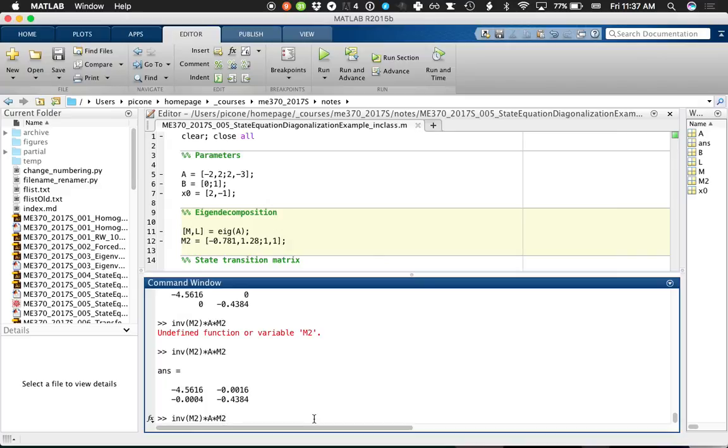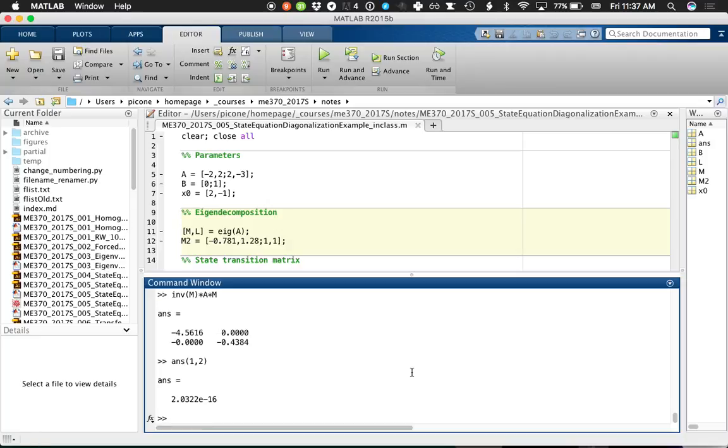If we use theirs, they didn't do any rounding, so if we use their M, it should be real tight. So it's 2 times 10 to the negative 16. So it's super small. But even they have some machine precision that is nothing you can do.